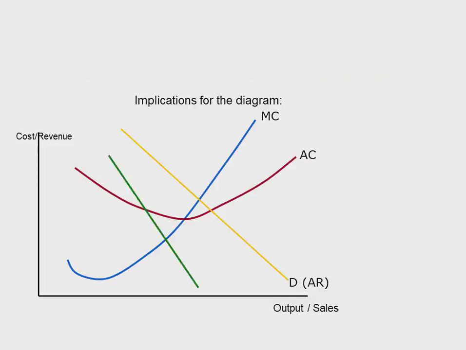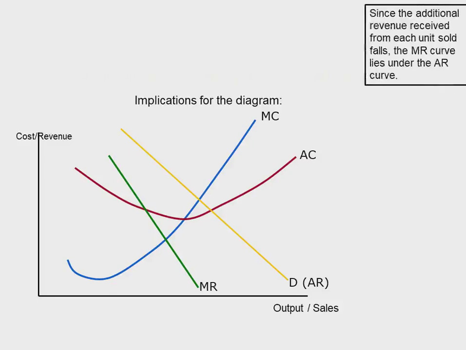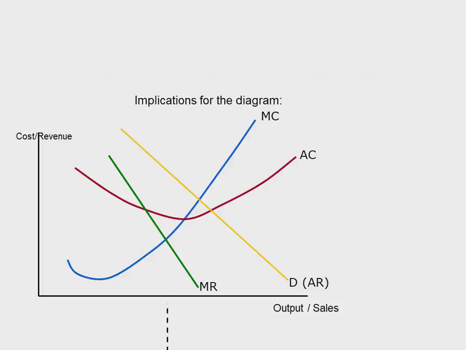And then the marginal revenue is below the average revenue curve. With the profit maximizing rule, we maximize profit where marginal revenue equals marginal cost, and then pick a price on the demand curve, that is the price level where marginal revenue equals marginal cost, the firm can maximize profit.